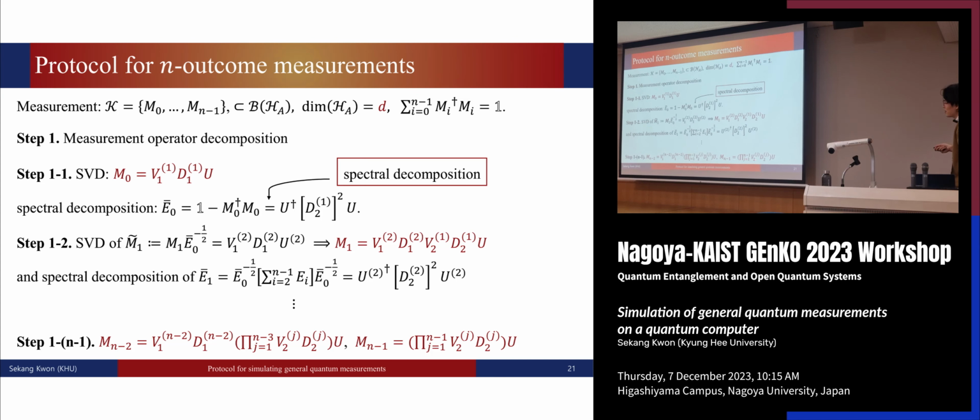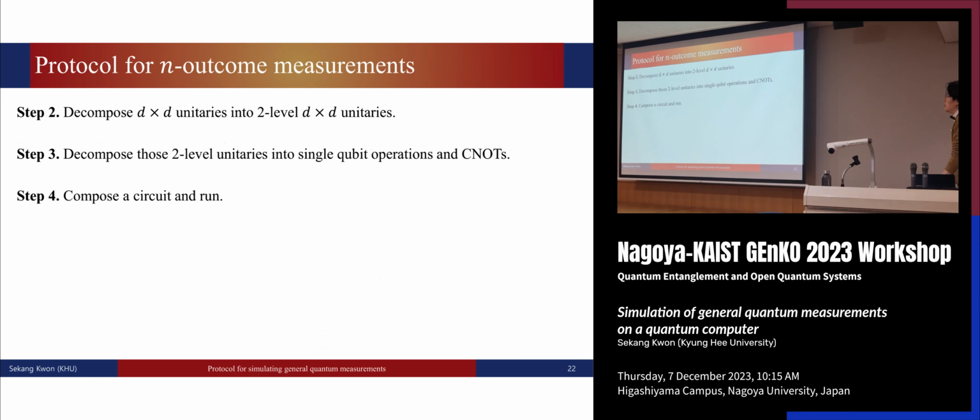This complexity came from the complexity of measurement operators you have seen in the previous slide. And steps 2, 3, 4 are the same as the two-outcome measurement.